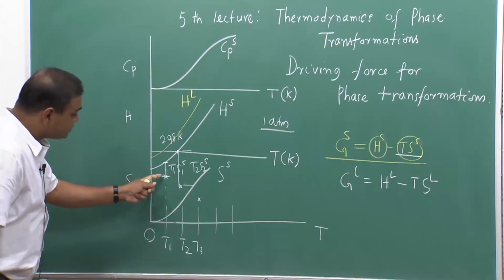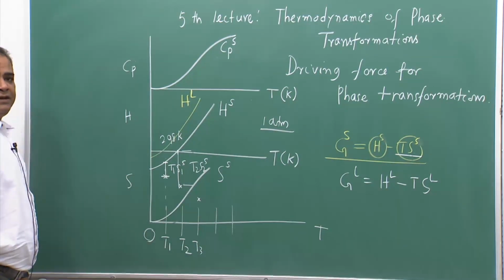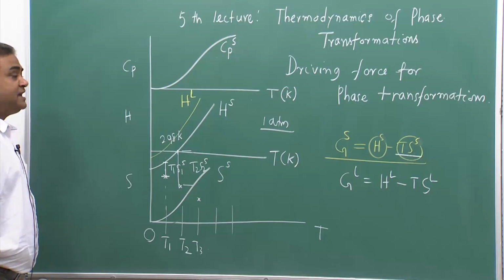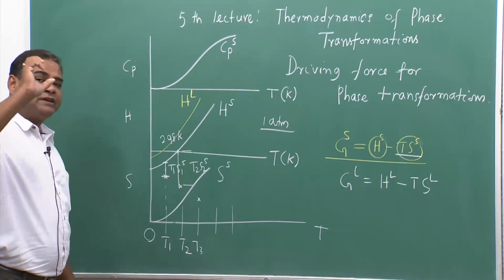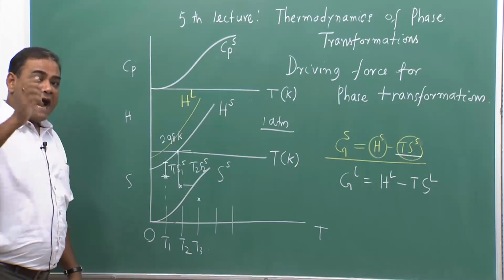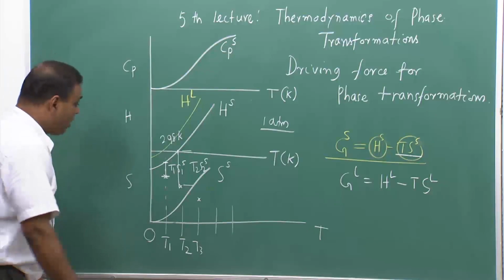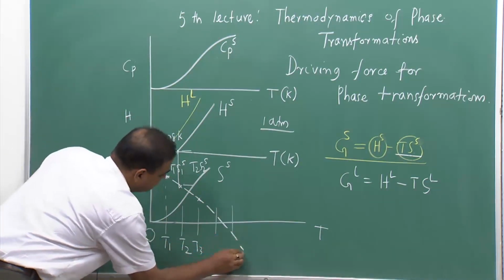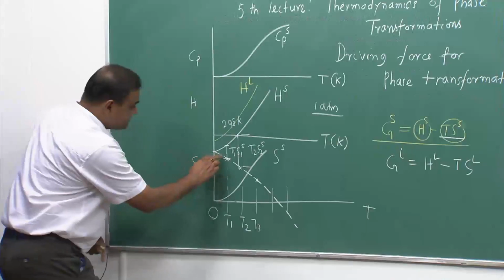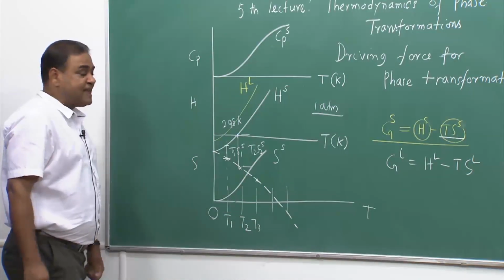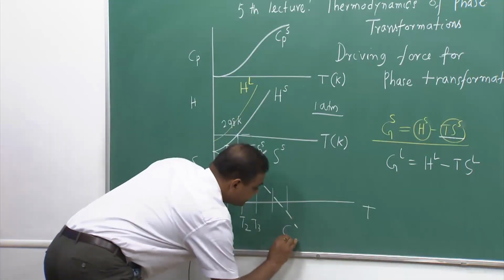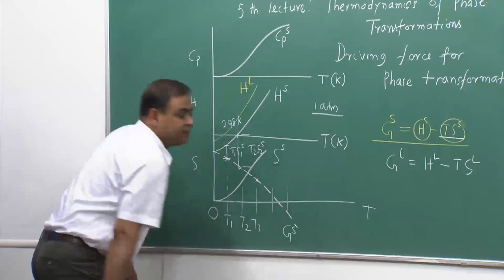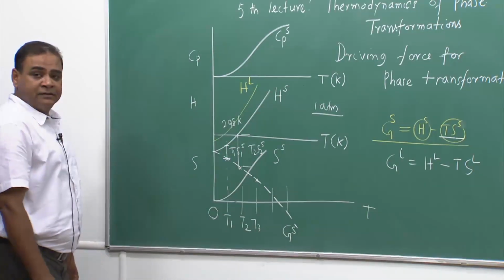Then if I connect those locus points, because those locus points are telling me the G of that particular solid at different temperature. So, now if I connect them, this dash line is actually giving me the information of G solid at different temperature.